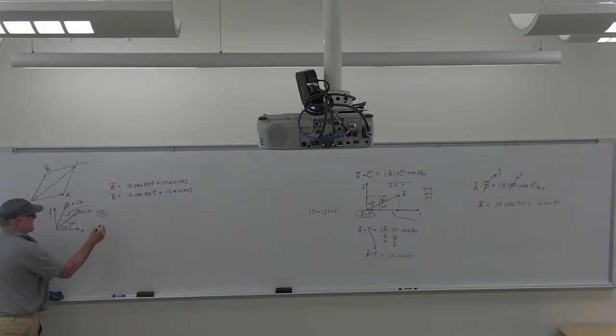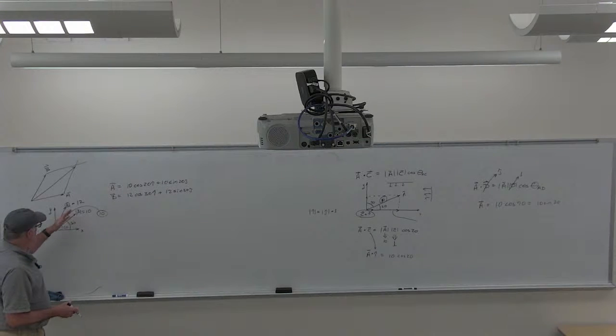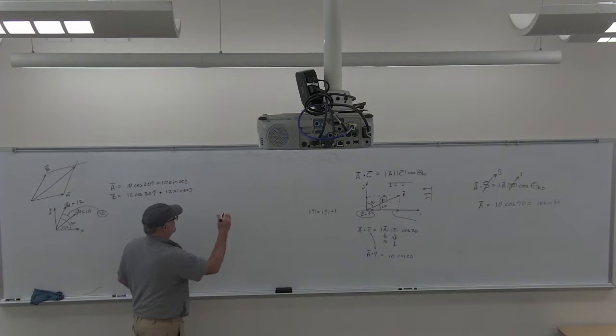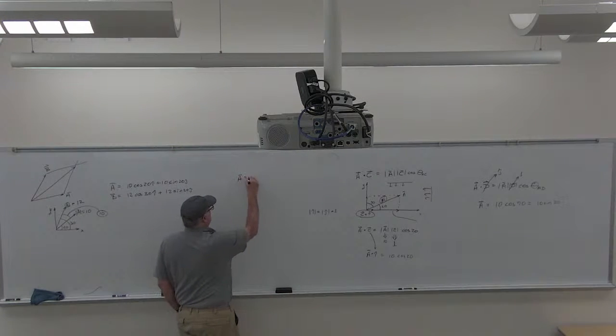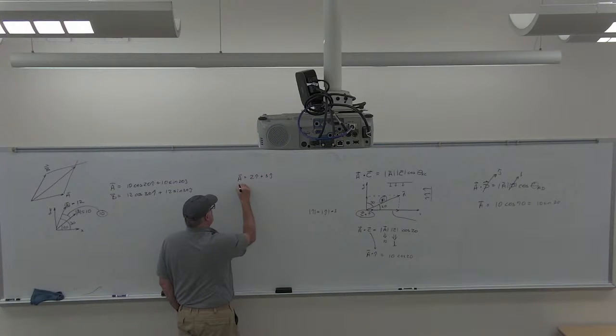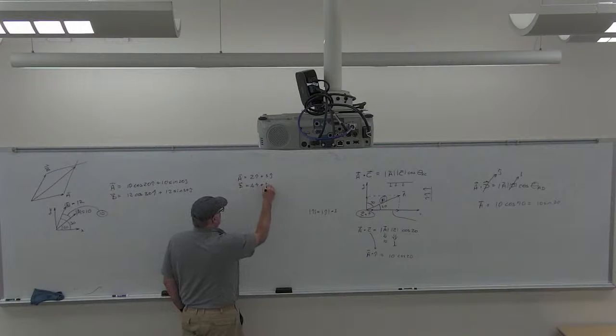Now if you didn't have it drawn this way, say A is equal to 2i plus 3j, and B is equal to 4i plus 3j.